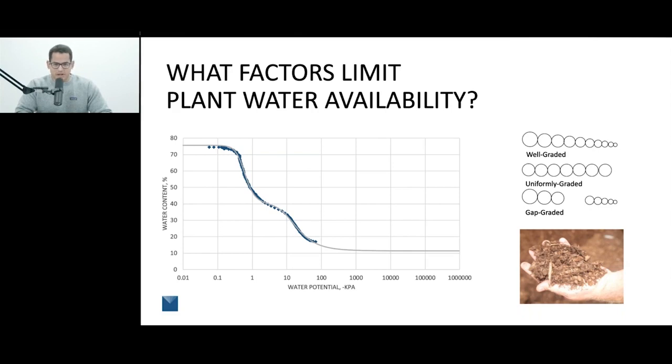Why does that matter? As we start hitting that lower air entry point, and we're seeing essentially two air entry points here, the water actually started to become less available because the hydraulic conductivity was becoming a limiting factor. We learned this first just by looking at the curve and saying, hey, this is interesting, what's actually happening here?